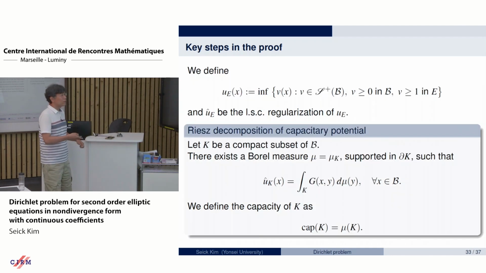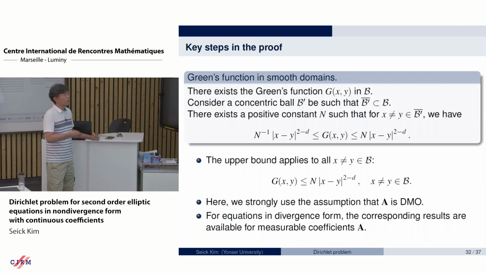You can construct the Green's function again in a ball. There are low order terms, but you can handle that. You have the upper bound, which is valid. And for the lower bound, you should stay away from the boundary. If you stay away from the boundary, you also have a lower bound.